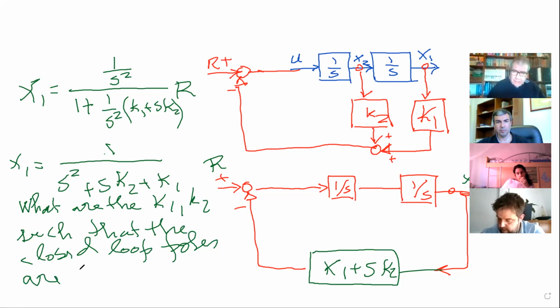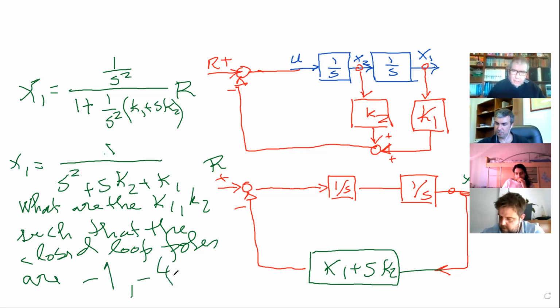What should be the real poles? -4, -1, -1 and -4. Okay.